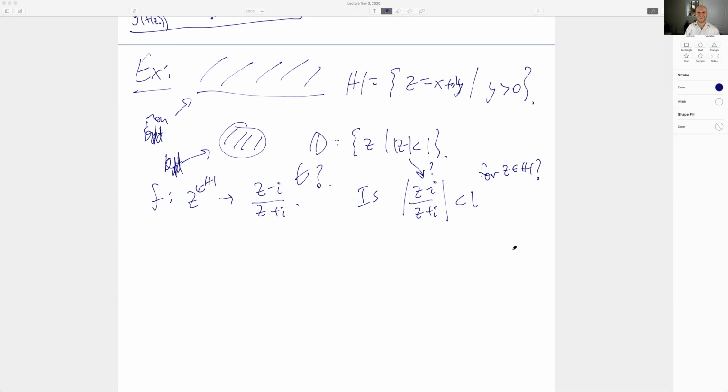The distance from i is less than the distance from minus i. Perfect. The definition of the upper half plane is that you're closer to i than you are to minus i. The absolute value of z minus i is smaller than the absolute value of z plus i.